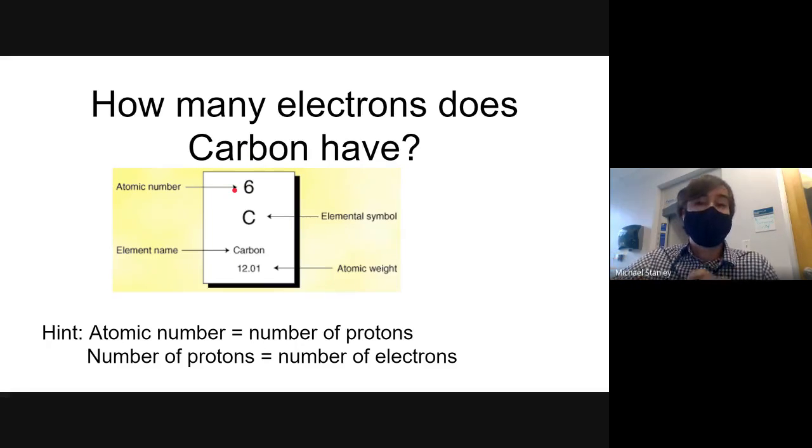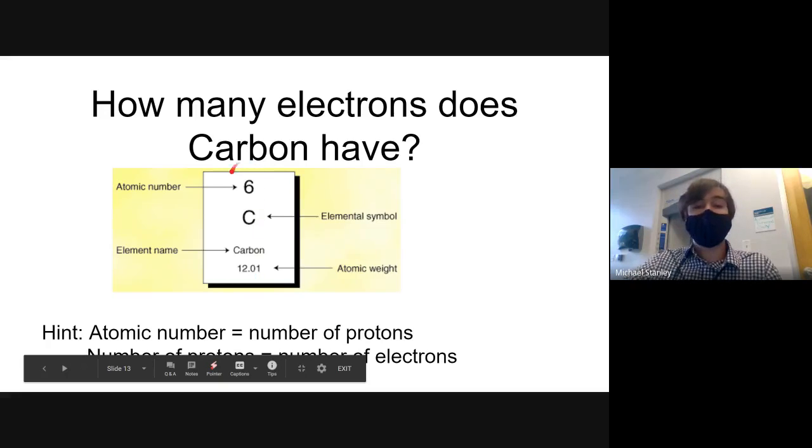Carbon has 6 neutrons because 12 minus 6 is equal to 6 neutrons. And carbon has 6 electrons because the electrons and the protons have to balance out, and we already figured out that there are 6 protons in carbon. So protons and electrons are this top atomic number. Neutrons are the weight minus the number.